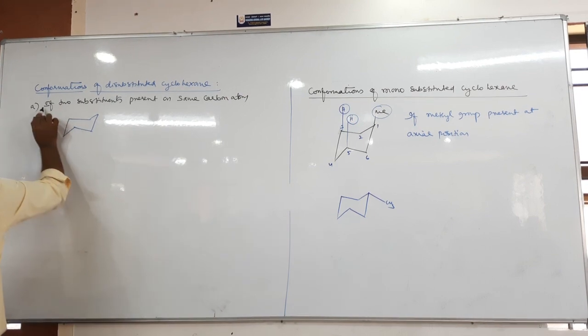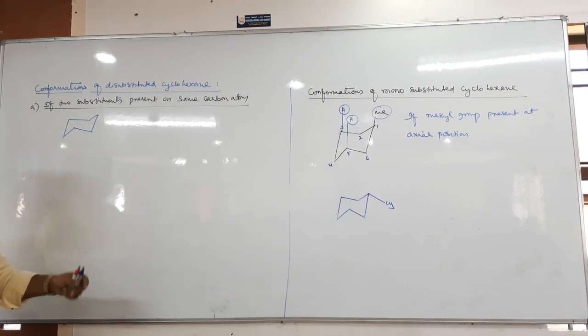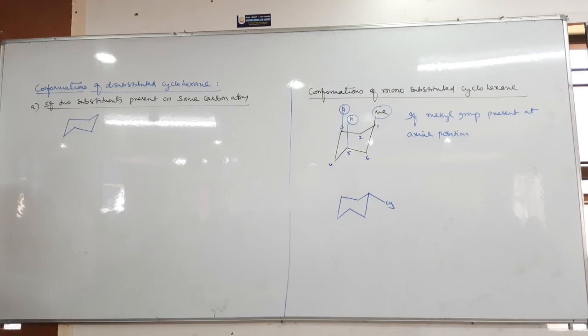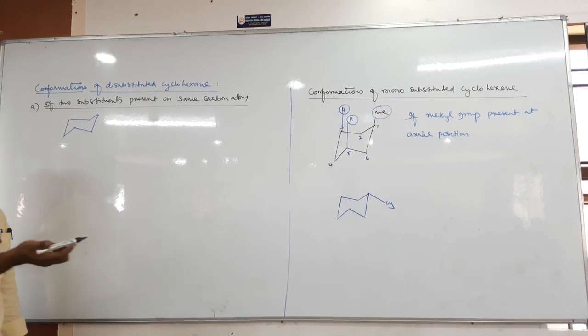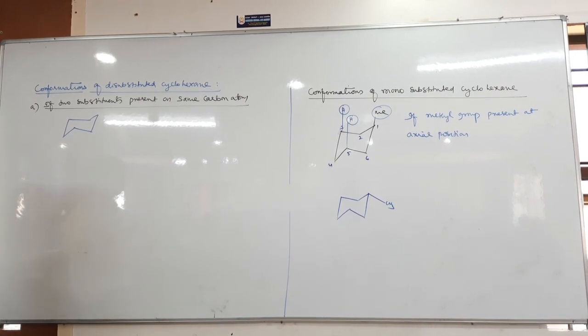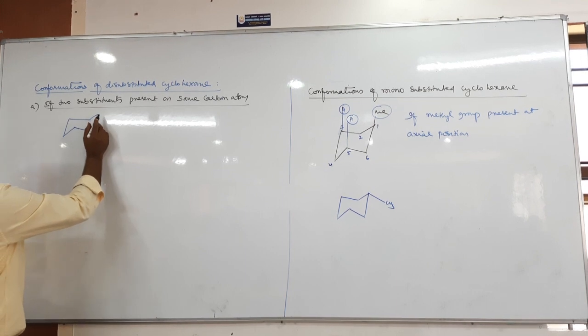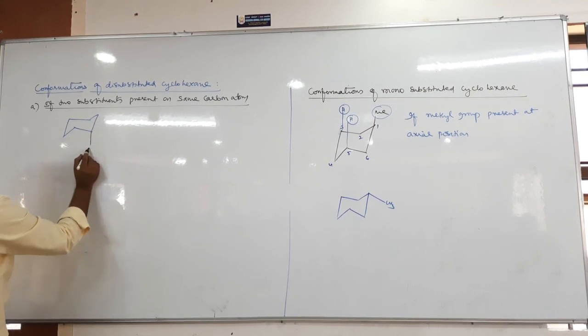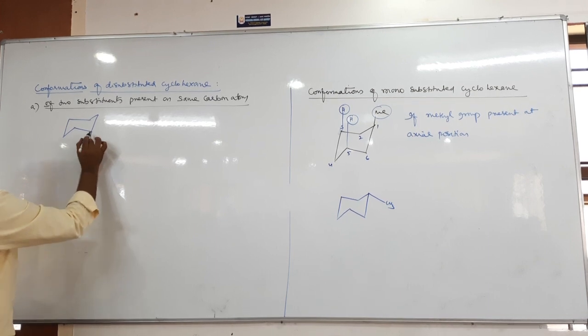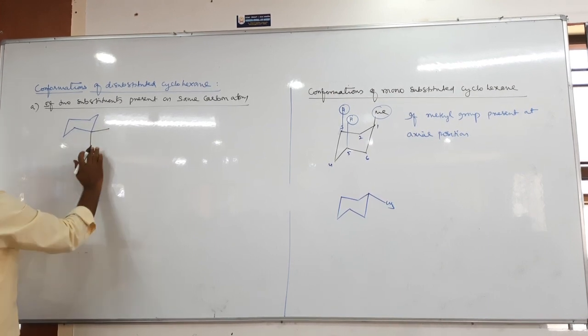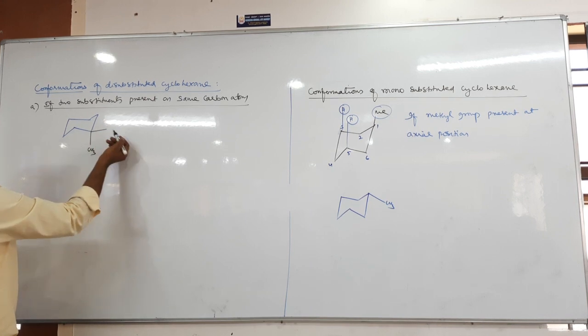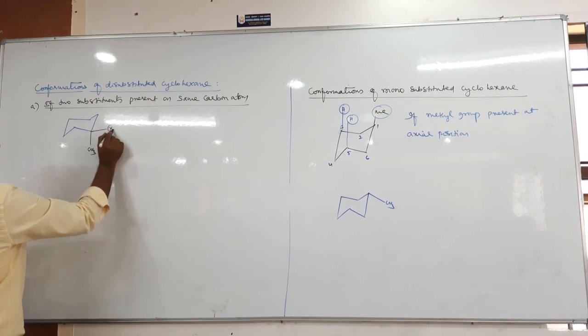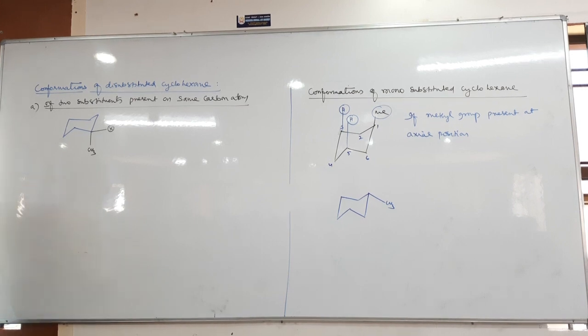Come on, tell me, if the two substituents are present on the same carbon, where do they have to be present? There are two positions, no: one is axial, the other should be equatorial. So if one group is at the axial position, say methyl, the other should be equatorial, something X, like that.